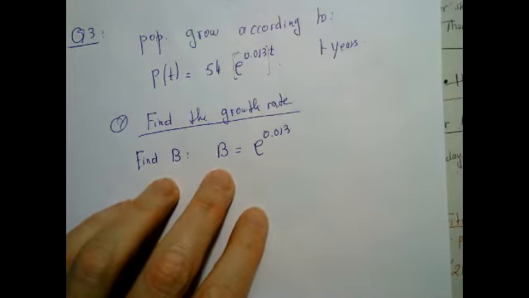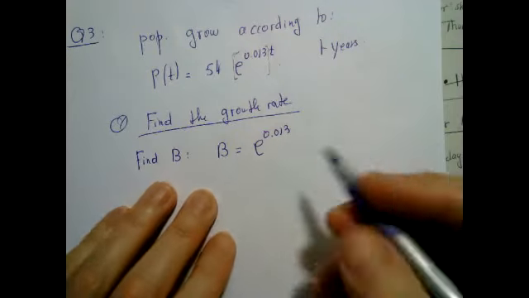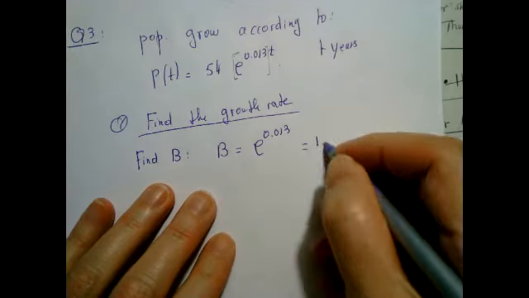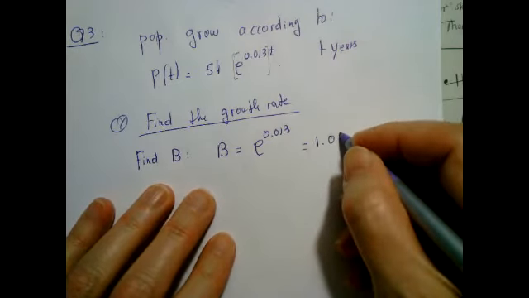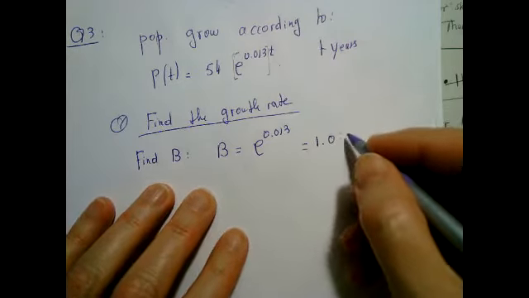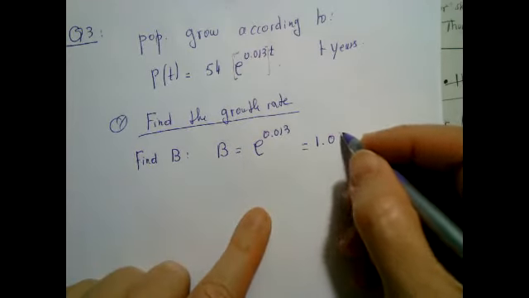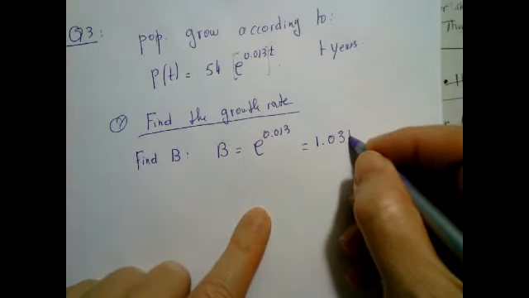So e to the power 0.013. And I'm getting 1.0. We're going to get it to at least 4 decimal places, actually 5 decimals, because I want to distinguish it from that. 1.03084.